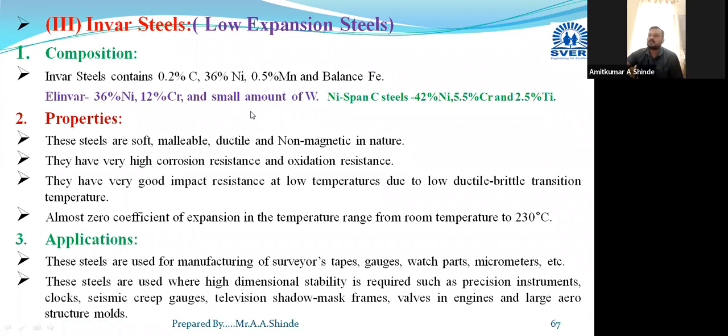Then nickel span carbon steels have 42% nickel, 5.5% chromium, and 2.5% titanium.